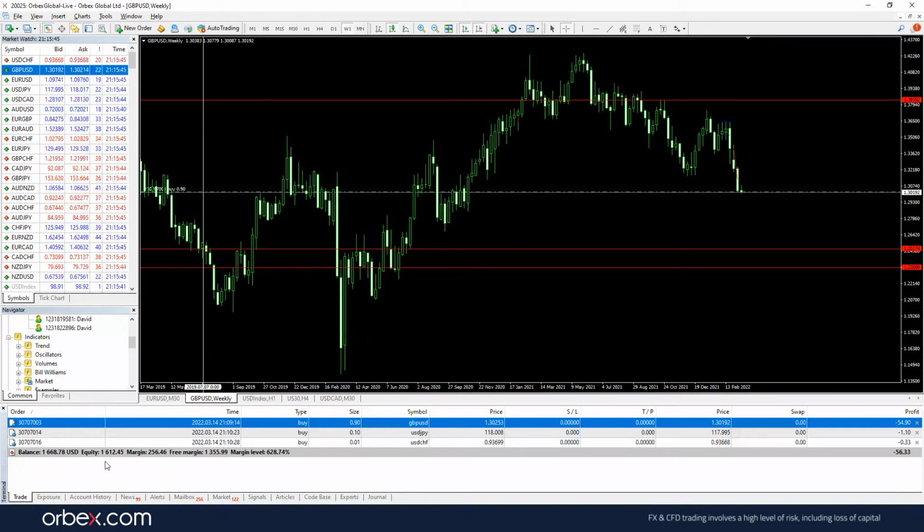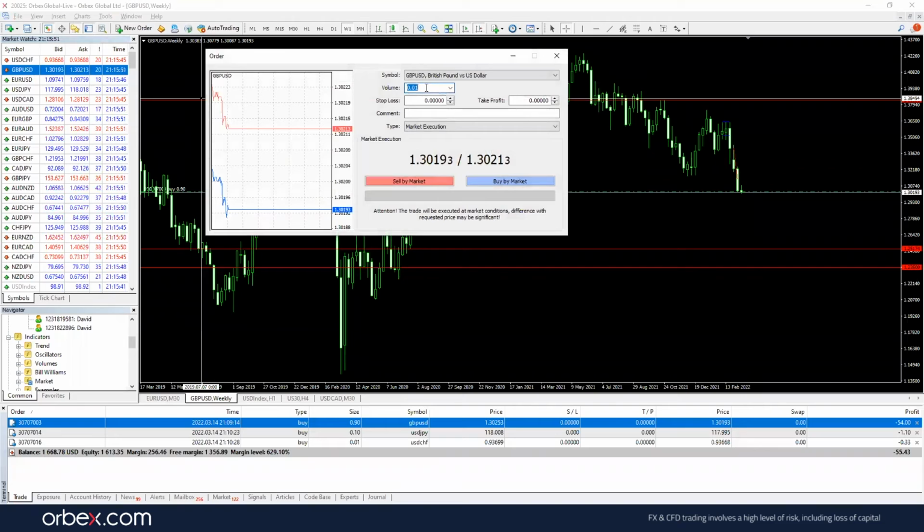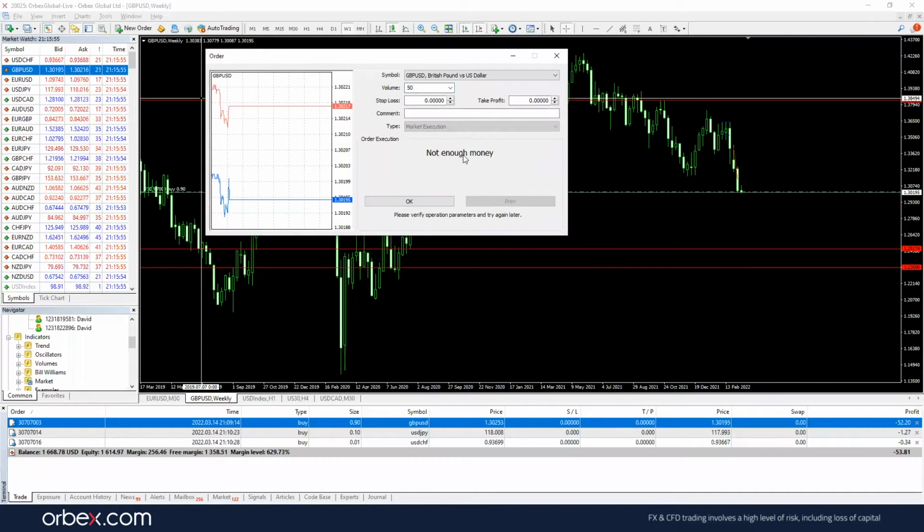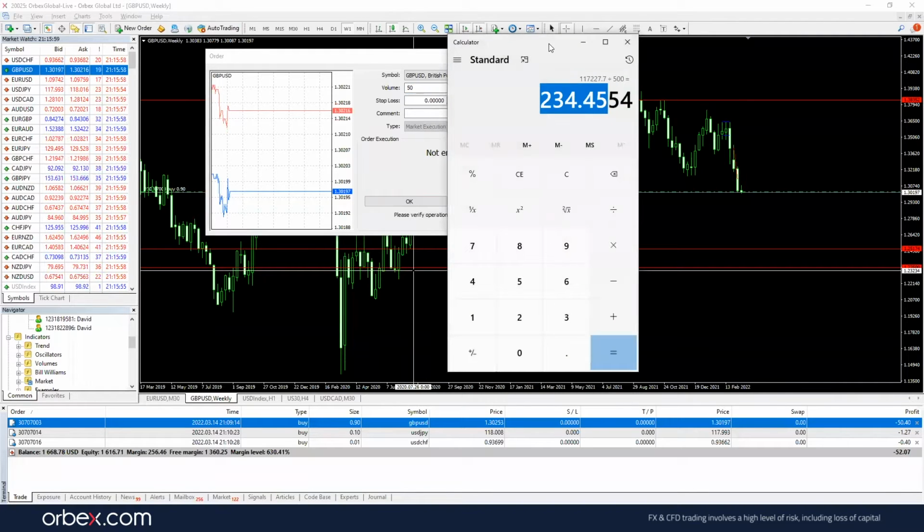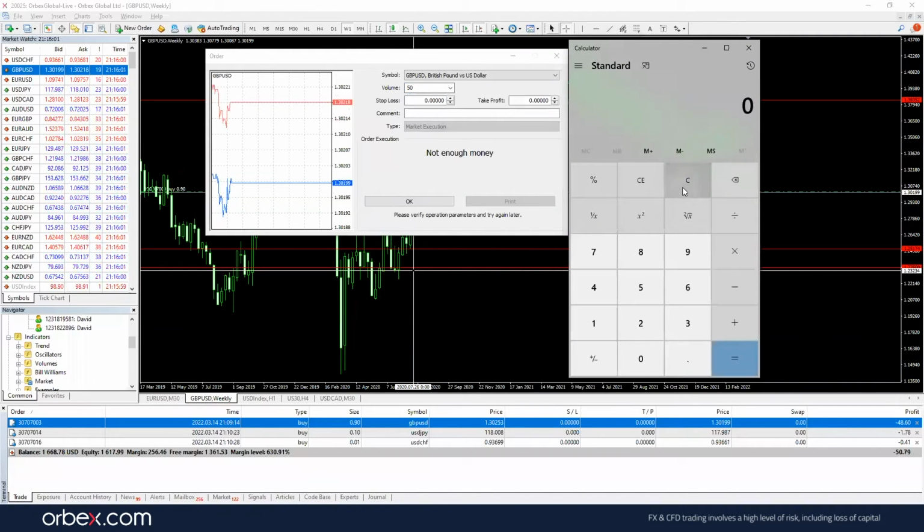So I've got equity of 1,613, and I'm going to open a big lot amount. Let's just go 50 lots just to show you that I won't have enough money. And that's the message you will get. And why don't I have enough money? Well, if I'm going to open 50 lots, that equals a big notional value of over 5 million.